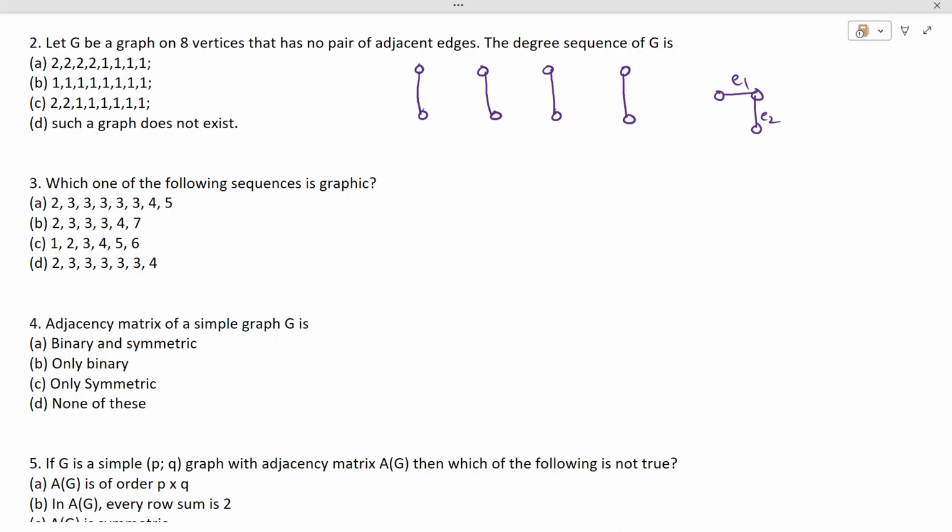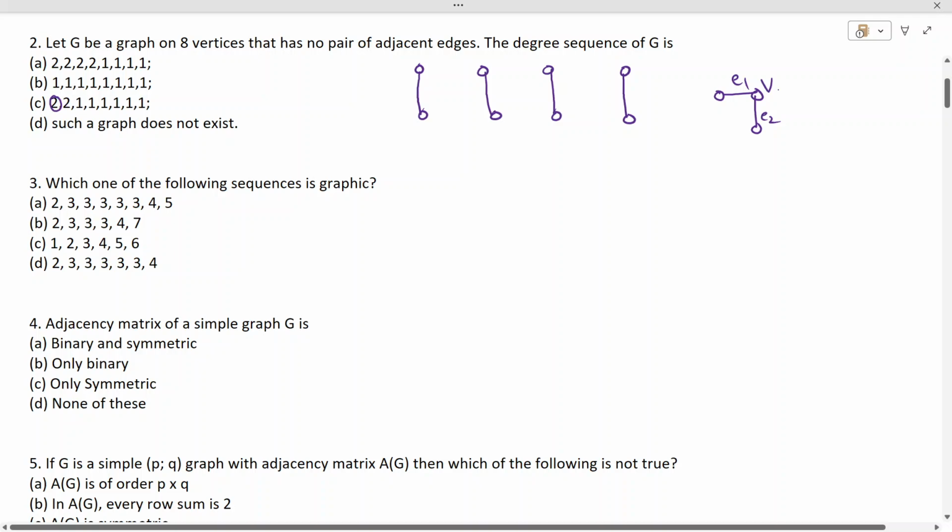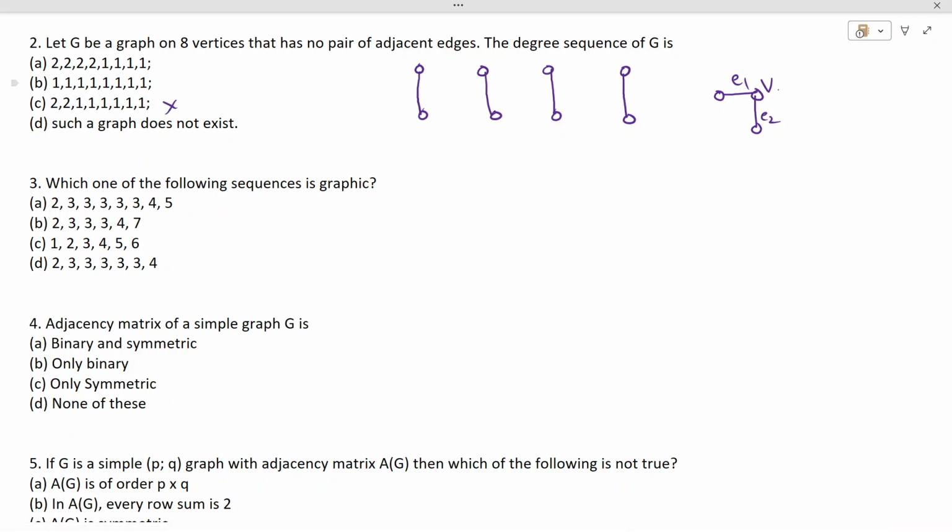So this option is incorrect. In the first option there are four 2s, that means there can be 4 vertices of degree 2, so option A is also incorrect, and such a graph does not exist. We have drawn this graph G with all conditions, that is on 8 vertices and no pair of adjacent edges. So option D is also incorrect and option B is the correct option.